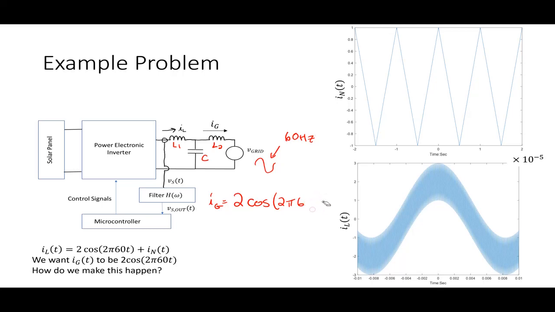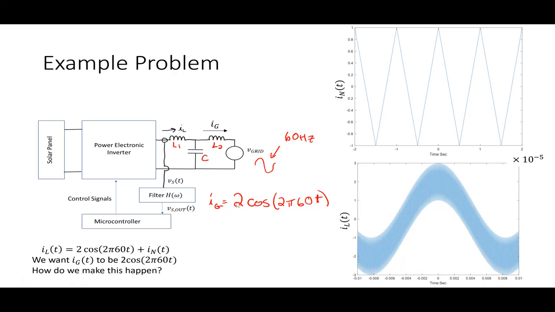So I want the current that I put into the grid, in fact, not just one, but I am required essentially by law and regulation to make sure that the current I put into this grid has exactly the same frequency and phase as this voltage does. In this particular case, I want the amplitude to be 2 amps.